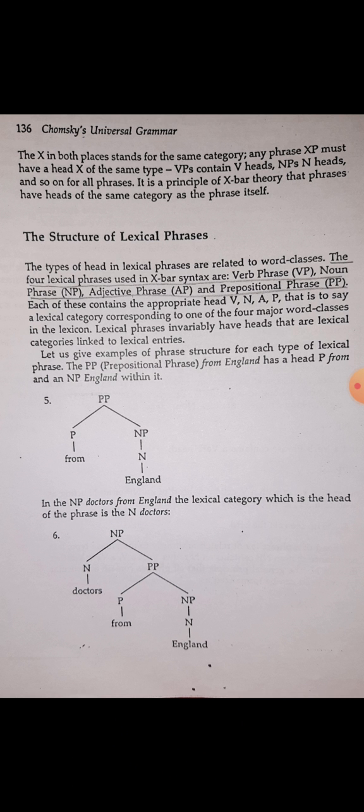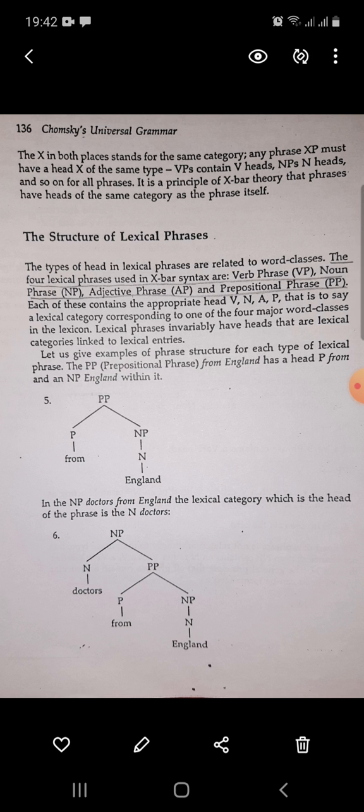The writer tells us that there are four types of lexical phrases we can find in X-bar syntax. They are verb phrase, noun phrase, adjective phrase, and prepositional phrase. You can see the figure of the prepositional phrase. The first word is a preposition, and then the rest is a noun phrase.